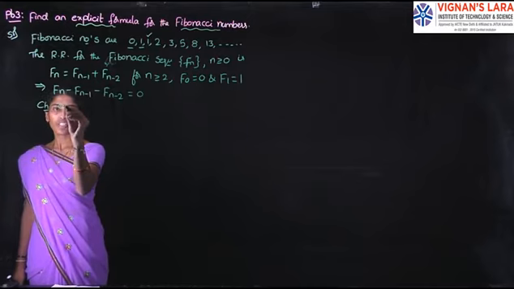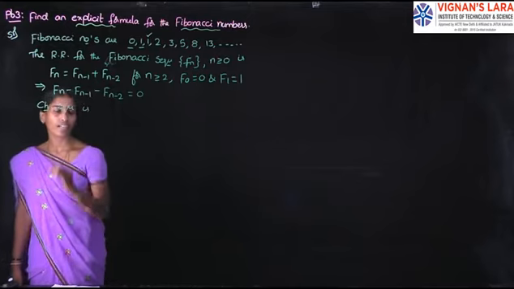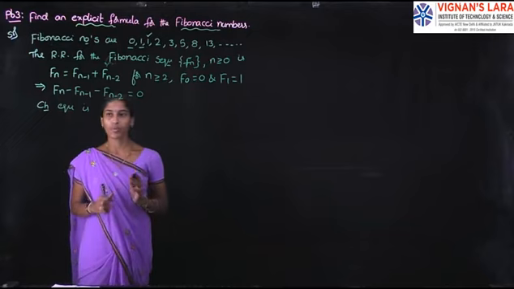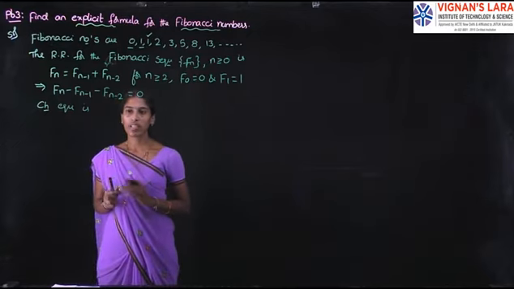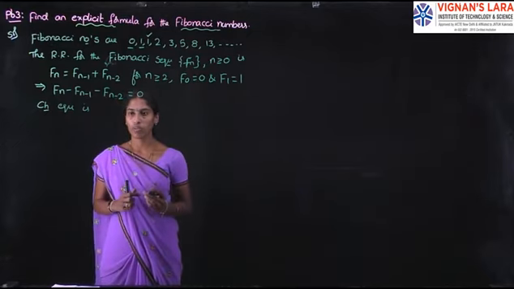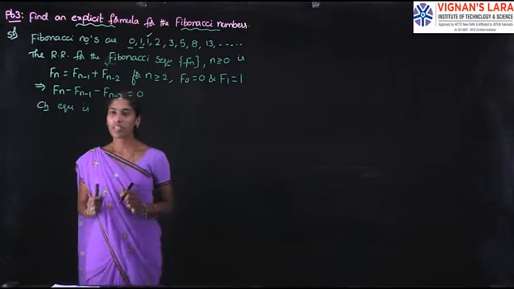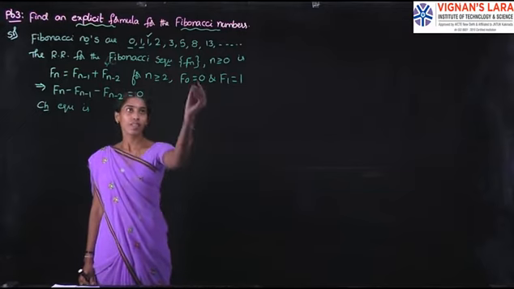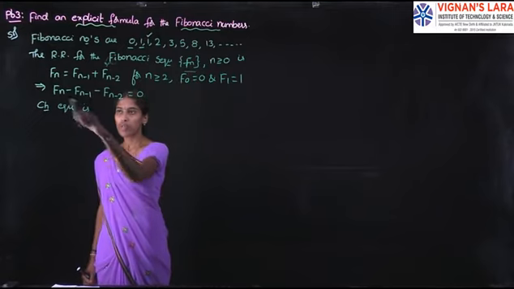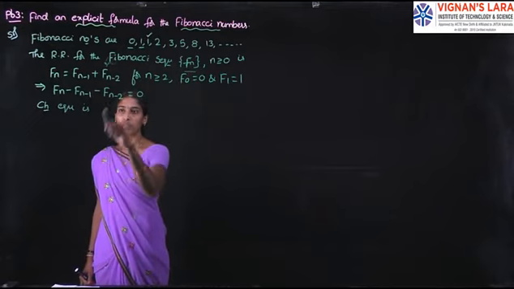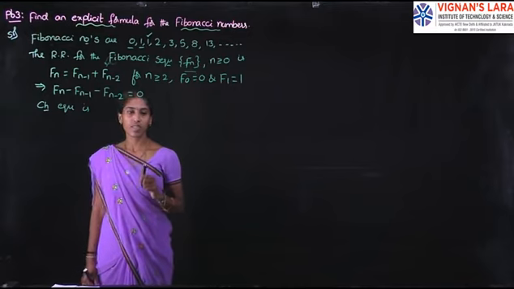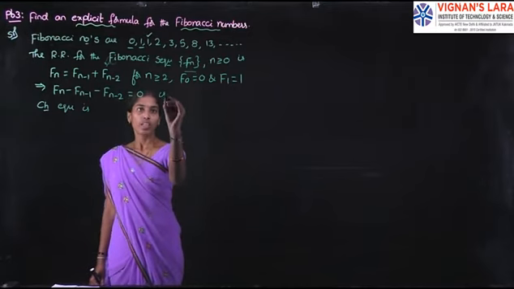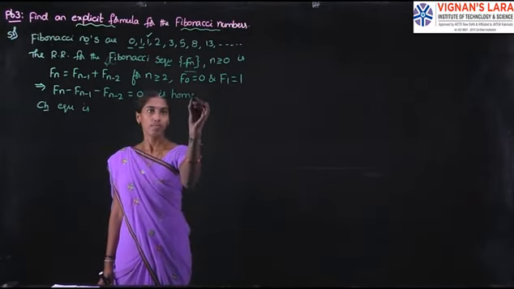How can we get the characteristic equation? First of all, we have to check whether the given recurrence relation is homogeneous or non-homogeneous. Homogeneous means all the terms consist of the sequence terms. Here the sequence term is Fn, and all three terms contain Fn, so it is homogeneous.